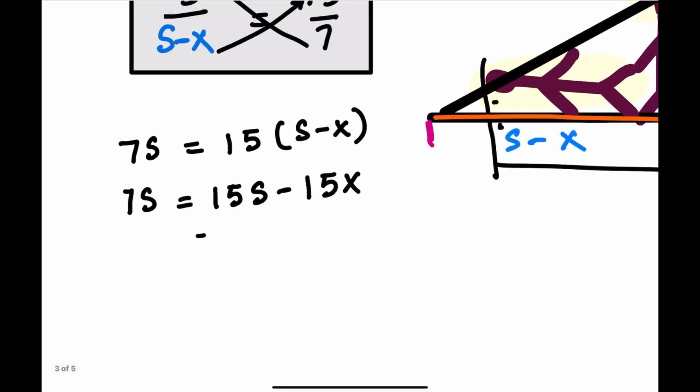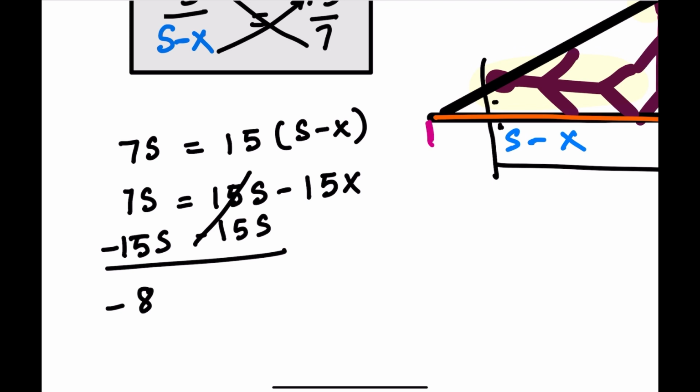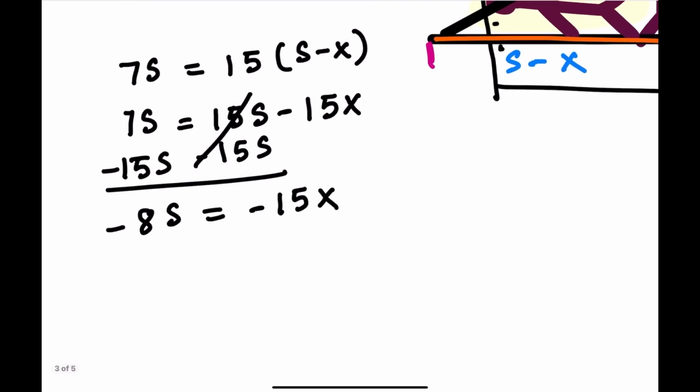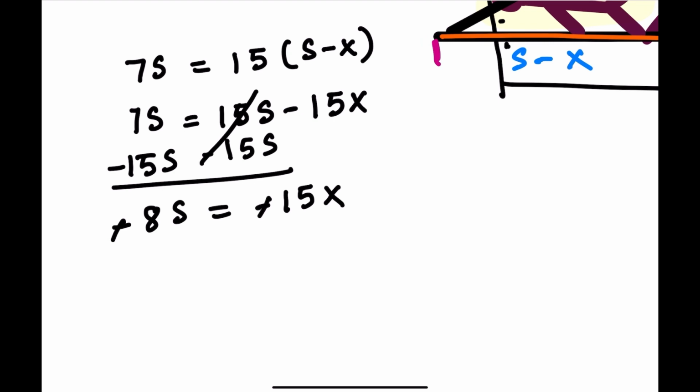I'm going to bring all the S's to one side. What do I have? I have negative 8S is equal to negative 15X. The negatives cancel each other. And I have S is equal to 15 over 8 X.